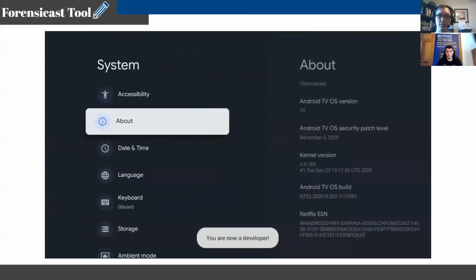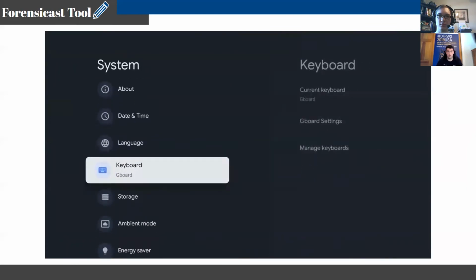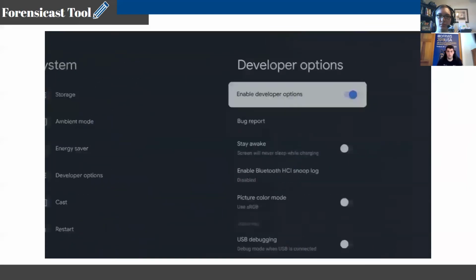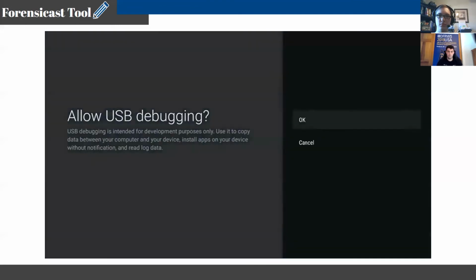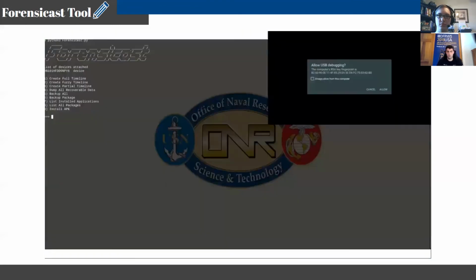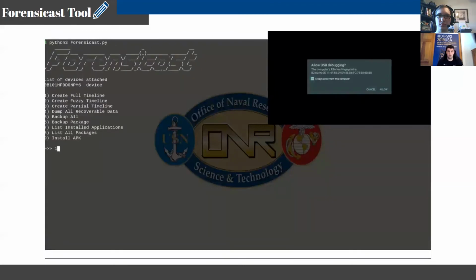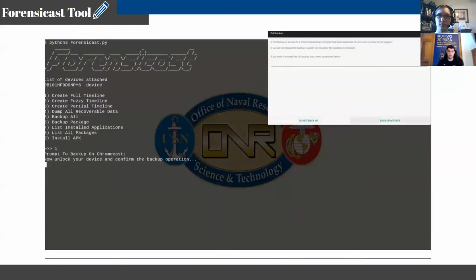Now that we have developer mode enabled, we can go down and enable USB debugging. And with USB debugging enabled, it's now able to be seen by the device. As you can see, it says list of devices attached and it has our device.